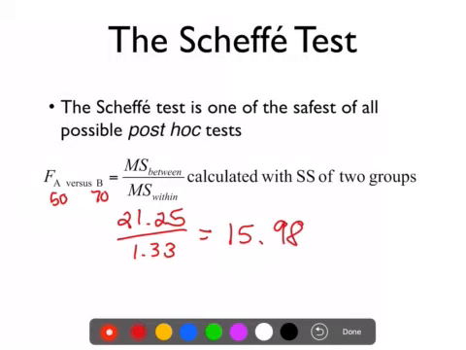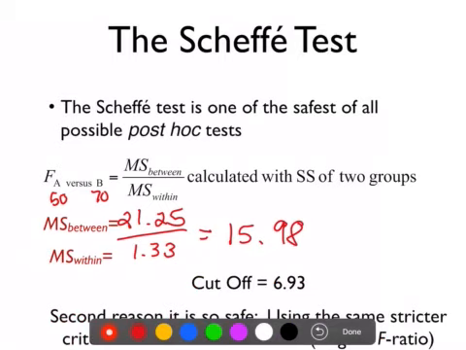Our cutoff is 16.39, so we're still able to reject the null and say that there's a statistical difference between those groups. Again, by using this old mean squared within, that's the second reason that this is so safe, is because we're using that better estimate.